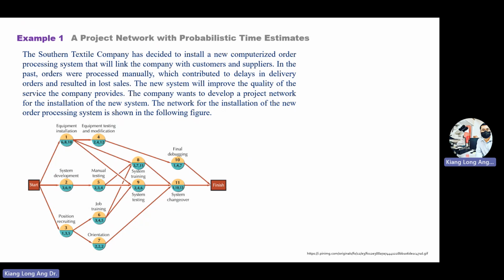In the past, orders were processed manually, and they found that it contributed to delays in their deliveries. So they have complaints from the customers. The new system will improve the quality of the services. The company wants to develop a project network for installation of the new system, shown as below.